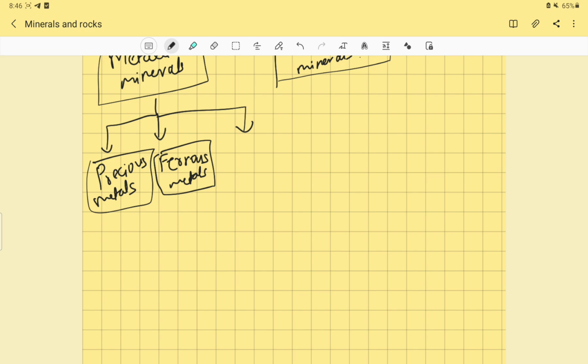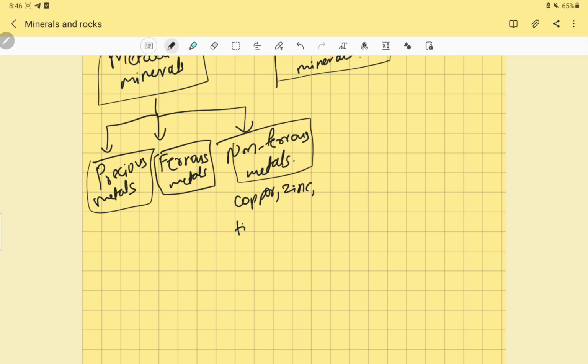In short, you can remember that ferrous metals are those metals which have iron content in them. And then the last one we have is non-ferrous metals, those metals which do not have iron in them, such as copper, zinc, tin, aluminium.